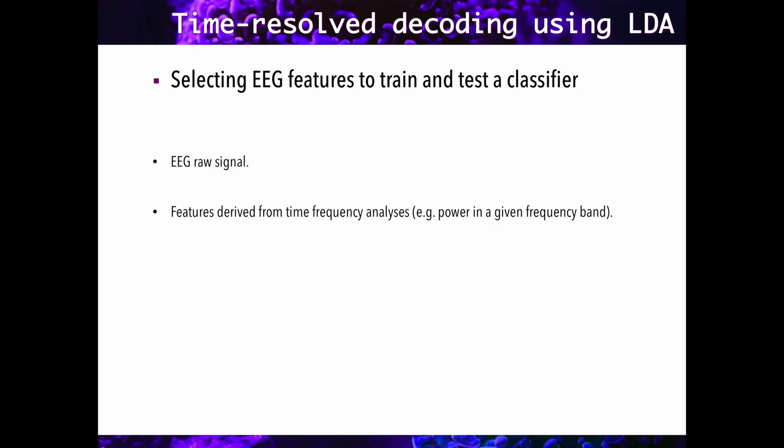This kind of selection will depend on your research question. If you want to test whether theta power is carrying information related to animacy, you can use theta power from all your channels. What you should always keep in mind is the assumptions of the classifier and the nature of the features that you will use.